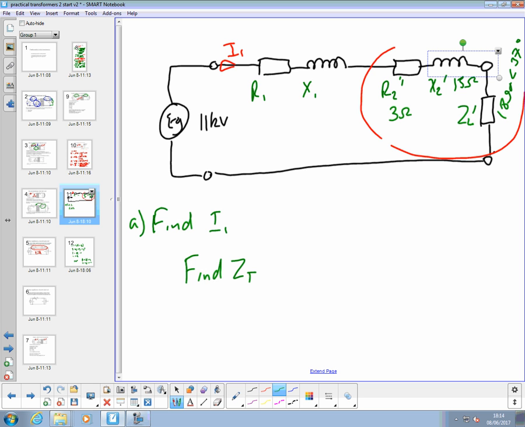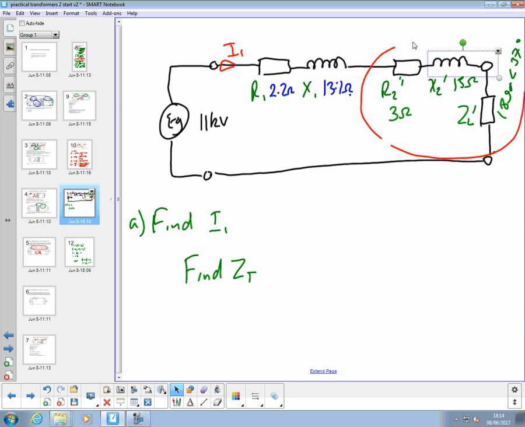All right. We've got values for R1, 2.7 ohms. We've got value for X1, 13.7 ohms. How can I write that in rectangular form? We've got this in rectangular form if we want it. Can we write these two in rectangular form easily? What would that one be?